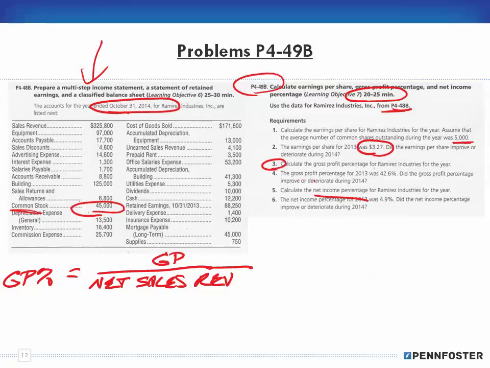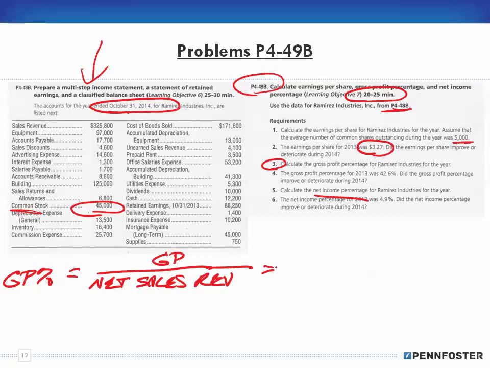Okay, so it says calculate the gross profit percentage for the year, right? So where does our net sales revenue come from? Since it is revenue, that's on our income statement also. So you have to look on your income statement, and it's about the 1, 2, 3, 4th line down.